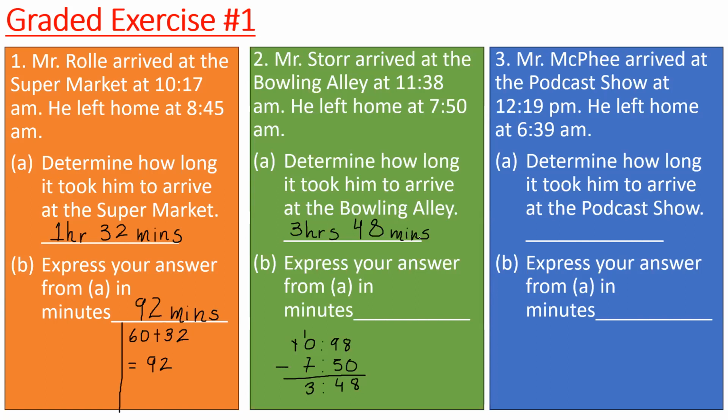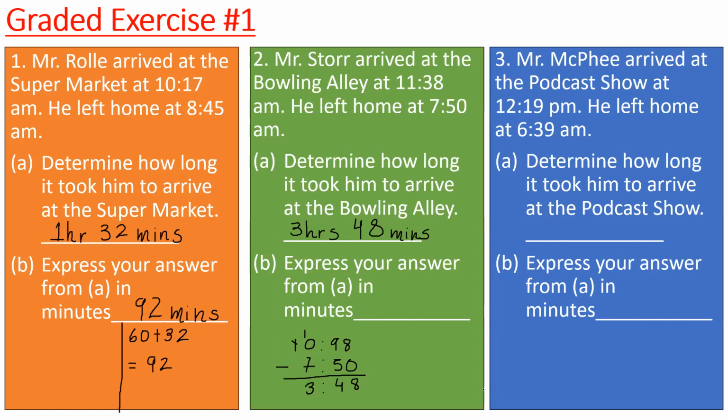I get 3 hours and 48 minutes equals to 60. Then I got 60 plus 48, which is 108. So 3 hours is going to be 180, right? Because 3 times 60. And then you add that to 48. What does that give you? 108? I don't think that's the answer.